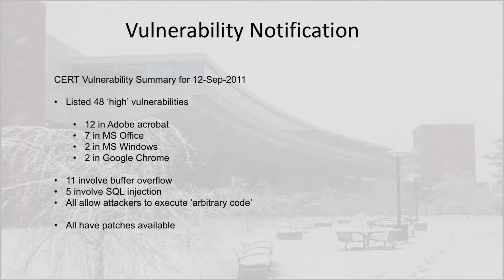As an example, the CERT vulnerability summary for September 12, 2011 listed 48 high vulnerabilities, 12 in Adobe Acrobat, 7 in Microsoft Office, 2 in Microsoft Windows, and 2 in Google Chrome. 11 of these involve buffer overflow. 5 involve SQL injection. All allow attackers to execute arbitrary code, and this is a very, very bad thing. And all have patches available.